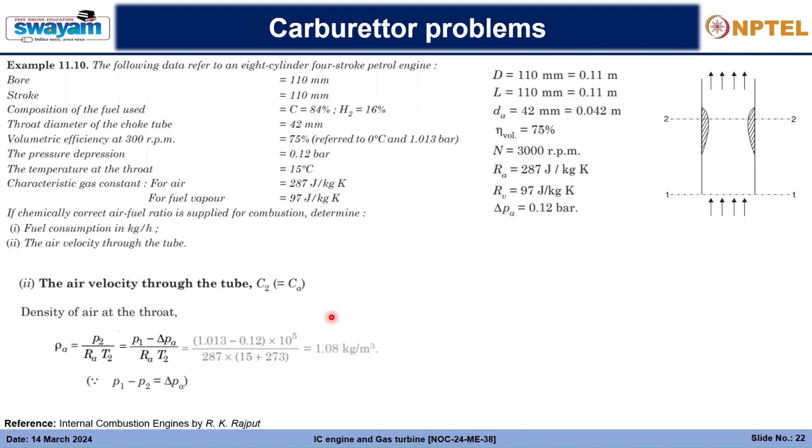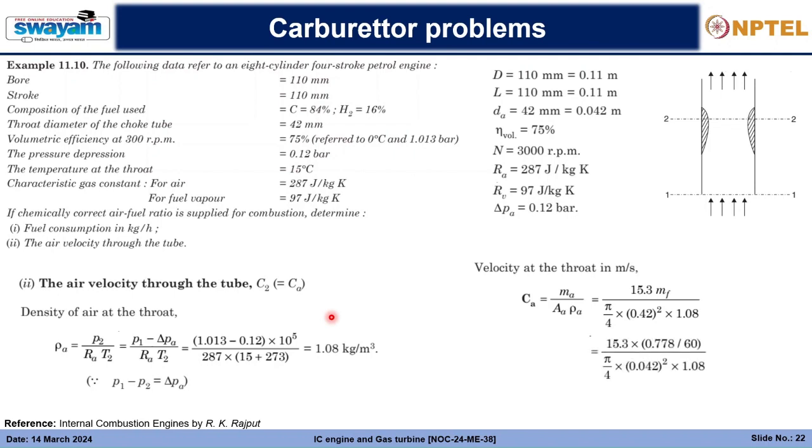Substituting the values, we'll get rho A to be 1.08 kg per meter cube. Then velocity at the throat in meter per second, Ca equals ma divided by rho A. Finally, we will get the velocity at the throat to be 132.59 meter per second.